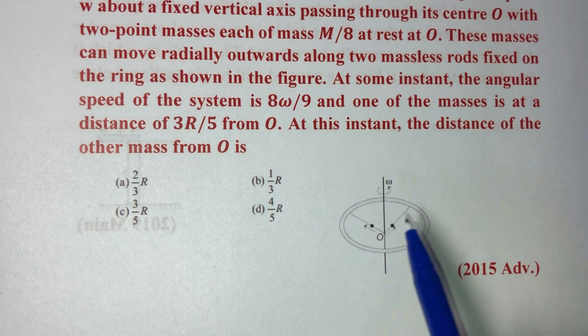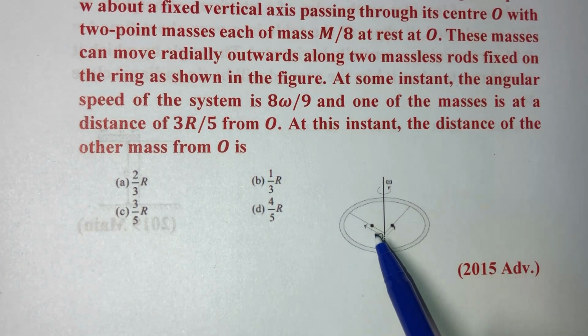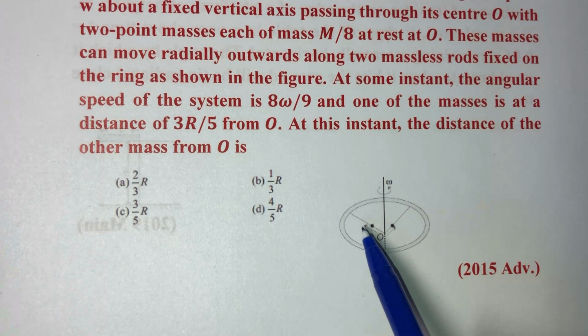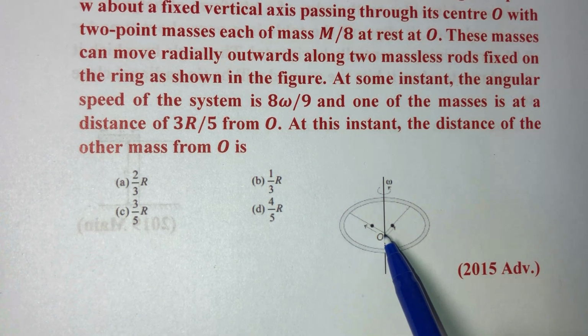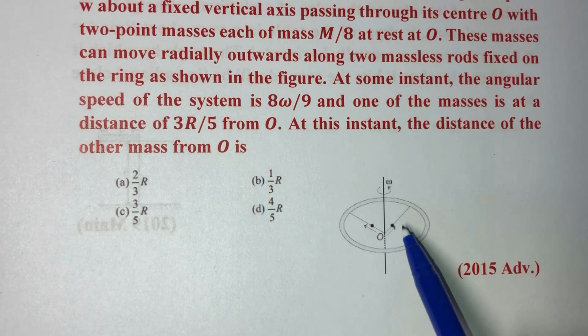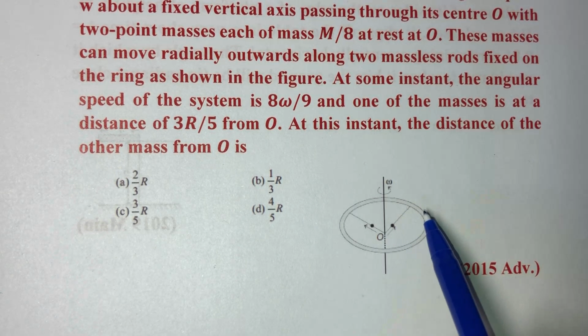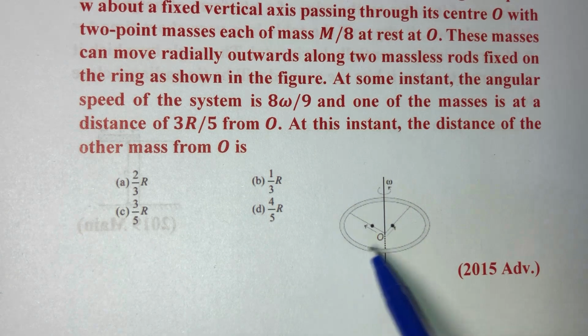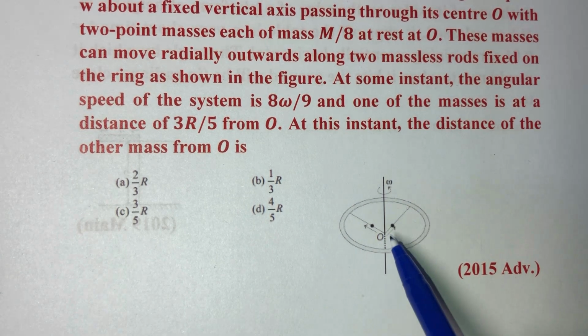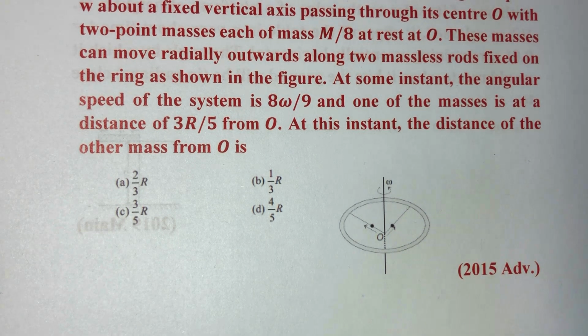And at some instant it is given that one of the masses is at a distance of 3r by 5 from point O, and we are supposed to find out what will be the distance of the second mass, so that the angular velocity of that particular system is coming as 8 omega by 9.